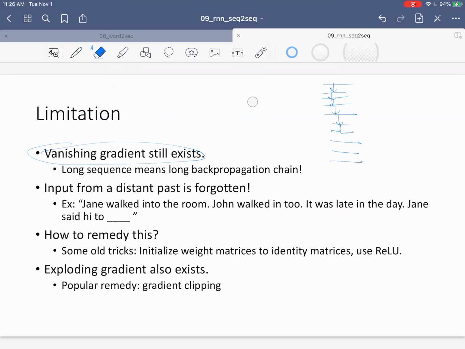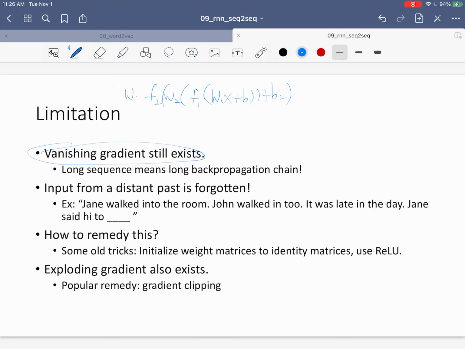So actually, let me just write it a bit more clearly. So your W1X plus B1 F, and then you have W2 plus B2 F2. Suppose that you use different nonlinear activation functions all the time. And then you have W3 plus B3 F3, so on and so forth, right?